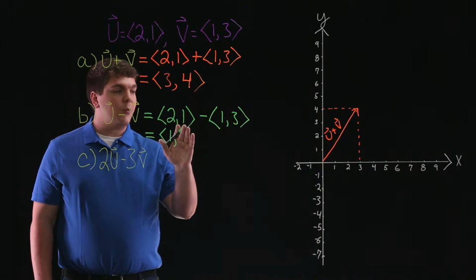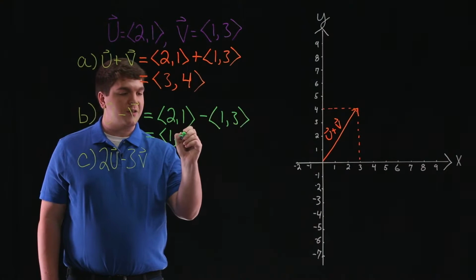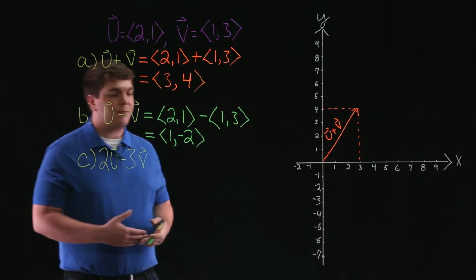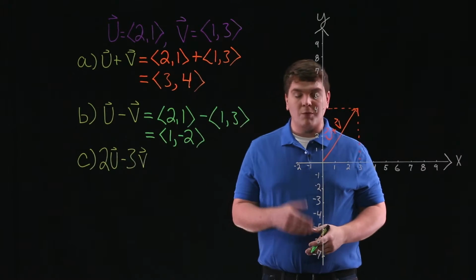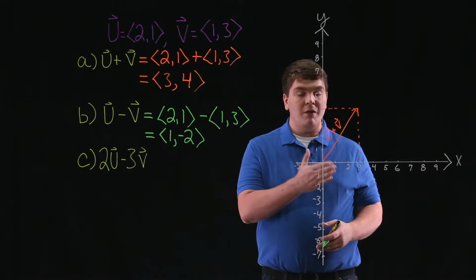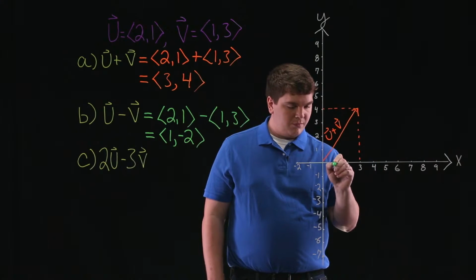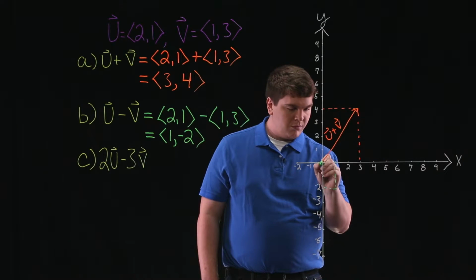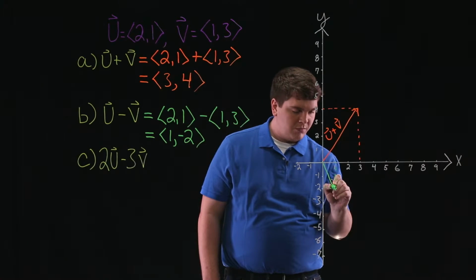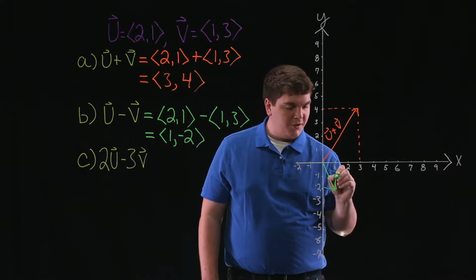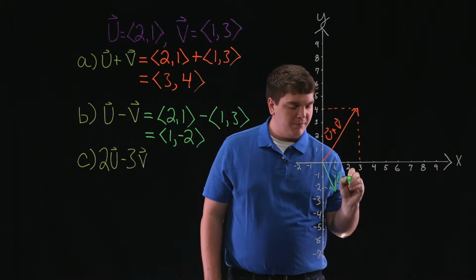And our second component will be 1 minus 3, which is negative 2. Now to graph this resultant vector, we'll start at the origin, move 1 to the right, and we'll move down 2. So the resultant vector is u minus v.